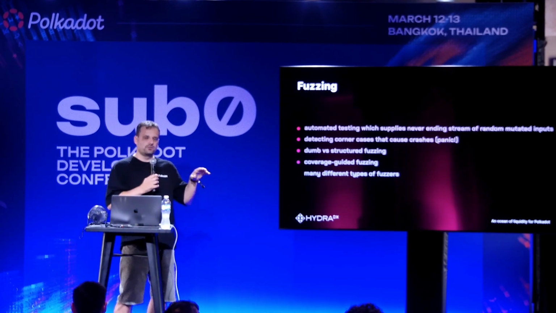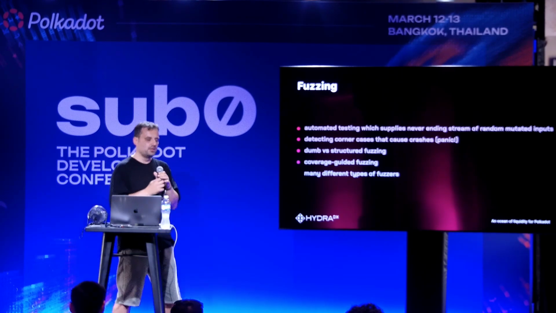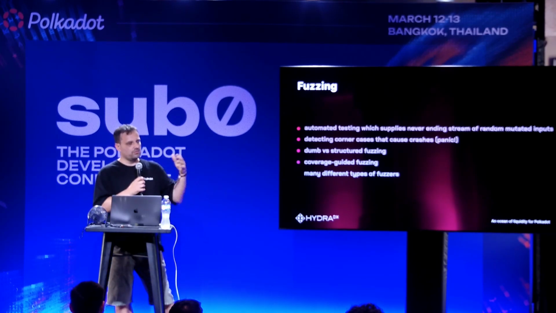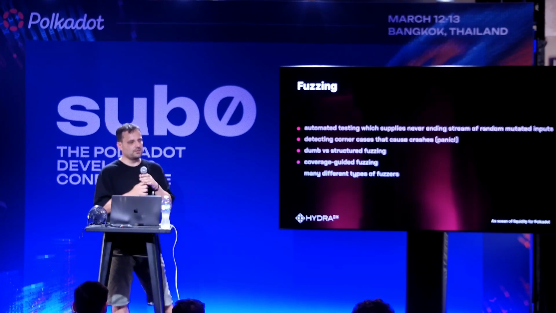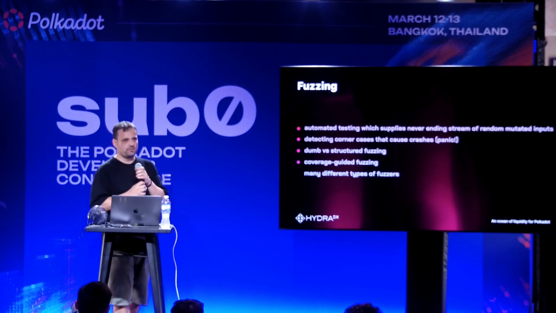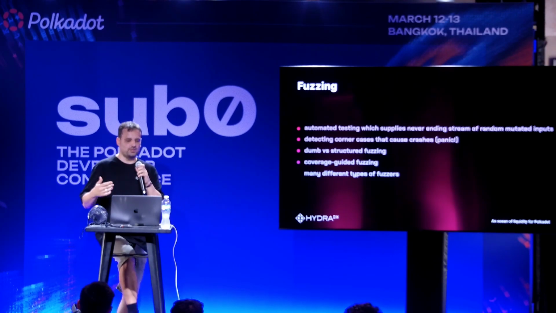So setting up the fuzzer for a substrate runtime is actually surprisingly easy using the tools developed by SR Labs. But out of the box, it will be quite dumb. It will just throw some random inputs. It will try to find your extrinsics that it can call. And it uses so-called coverage-guided fuzzing, so it shows you what it can reach and how it can reach it.